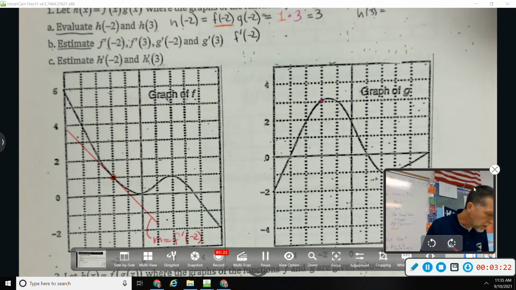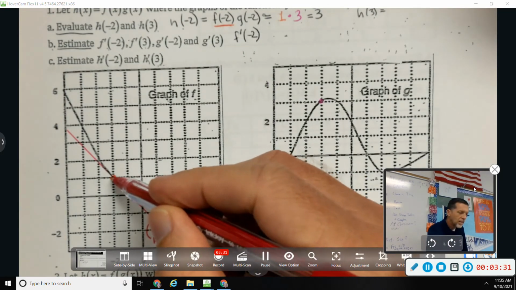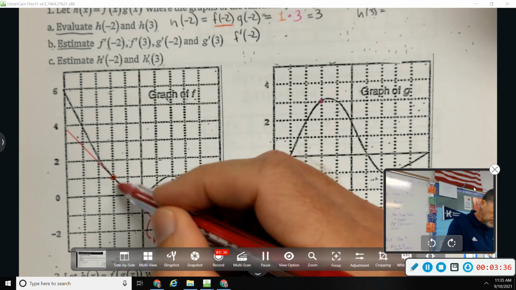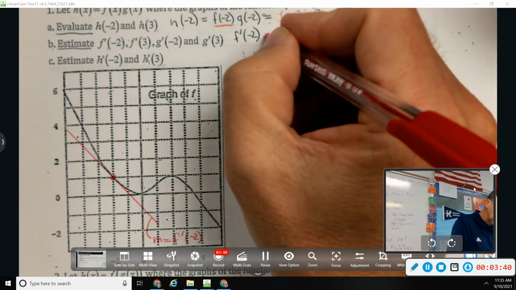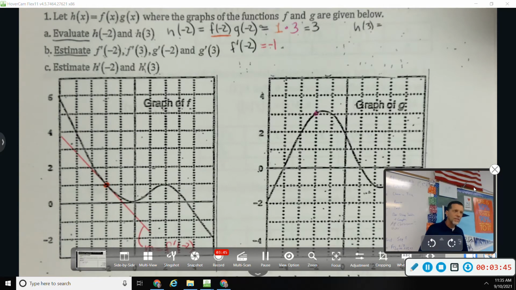I happen to hit that one pretty close to an easy slope to find with the grid on there. So slope is rise over run. So we went down 1 over 1. That worked out pretty nice. So my slope at negative 2, slope of the tangent line, is negative 1, which means the derivative is negative 1. And again, estimate because your tangent line might be a little bit different than mine.